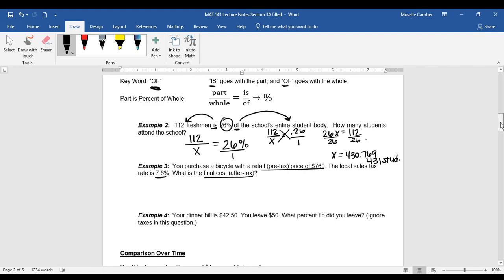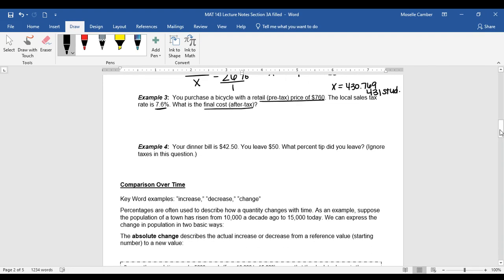So we have to think about this and put it in our sentence so we can have an is and an of. Well, we know that sales tax in this case is 7.6% of the retail price. Correct?